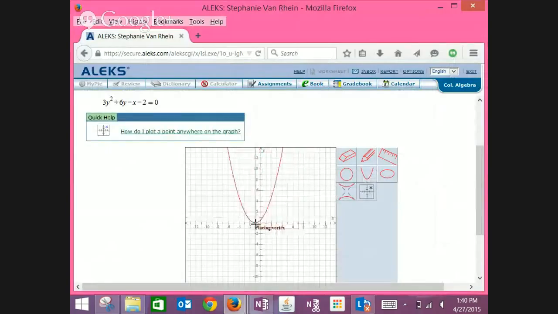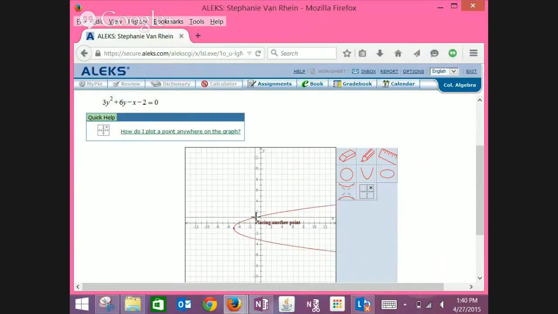The vertex was at -5, -1. Am I remembering that right? Then I can choose the orientation. Which way is it going to open? The right. So I click on the orientation and place another point.